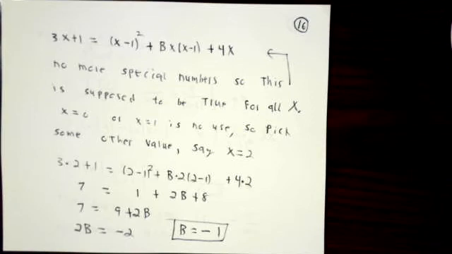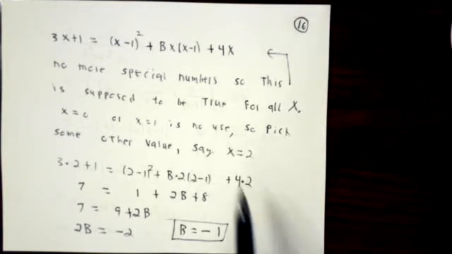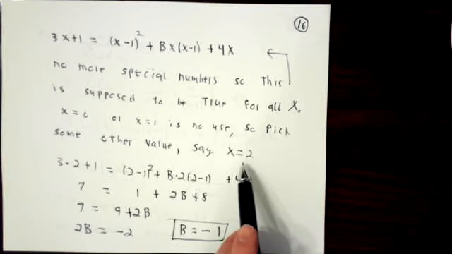Now, I'm not going to get any more mileage out of x equals 0 or x equals 1, but this is supposed to be true for any x. So I'm just going to randomly pick some x number that's not one of the two special ones. I'll pick x equal to 2.